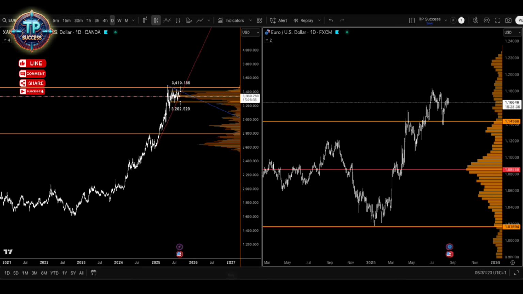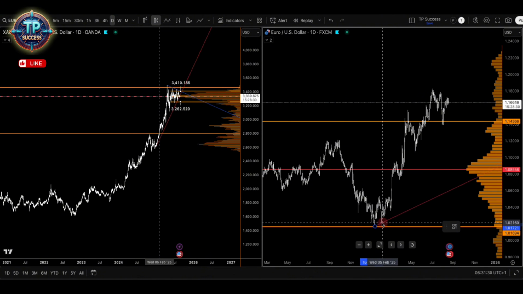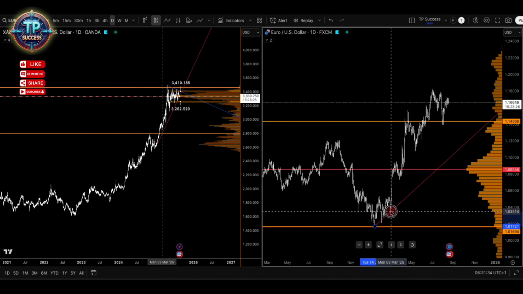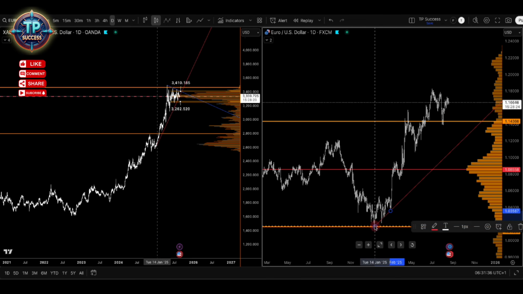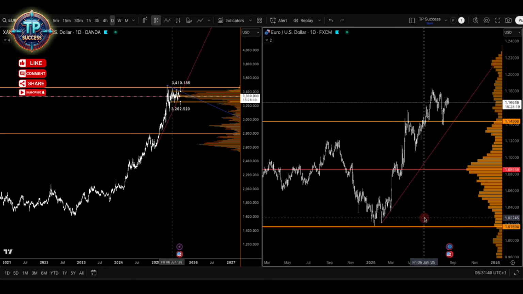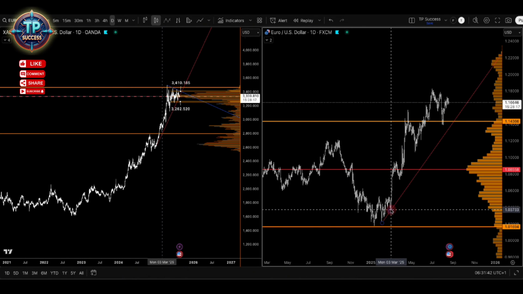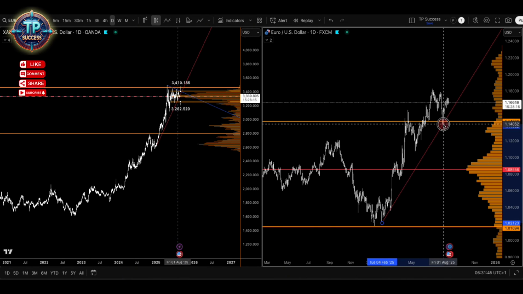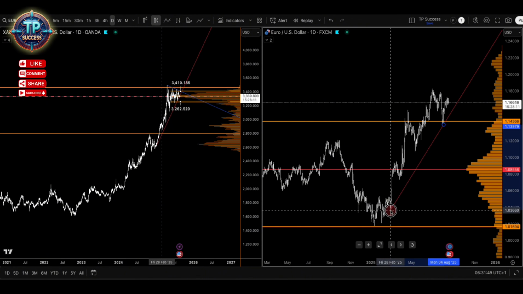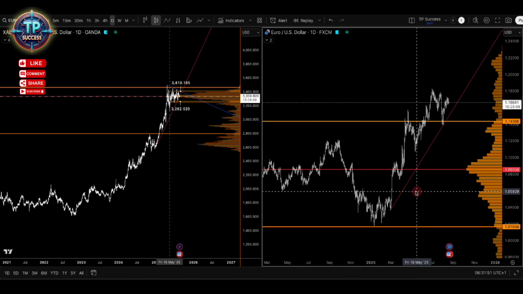So okay, is gold and EURUSD correlated? And I believe they are, to a certain degree. What I would like to do is, I wouldn't be able to show you that they're identical, but what I can show you is that they are similar, right?